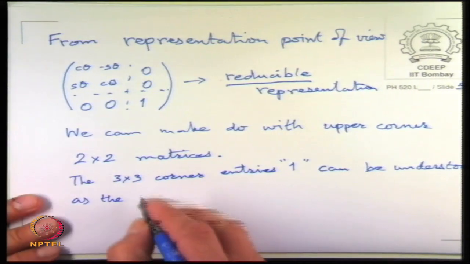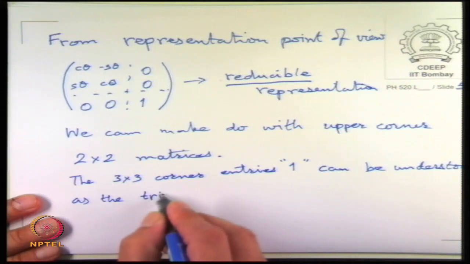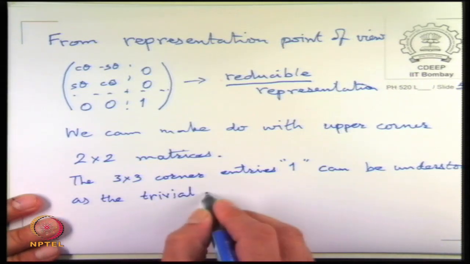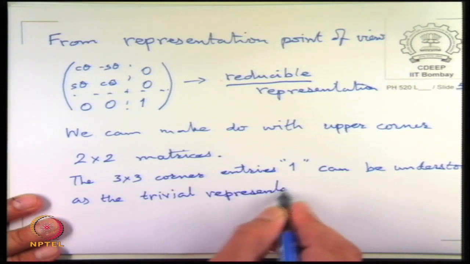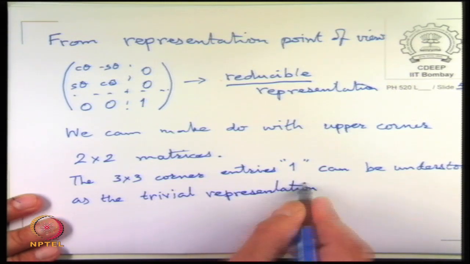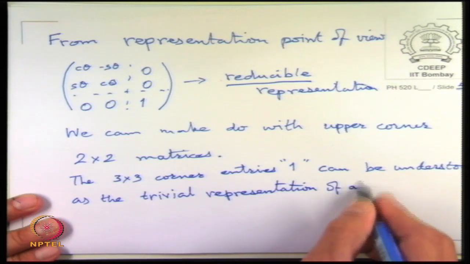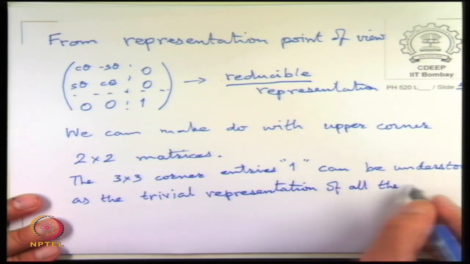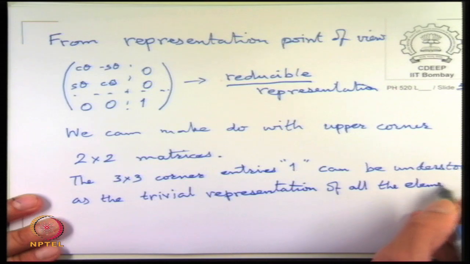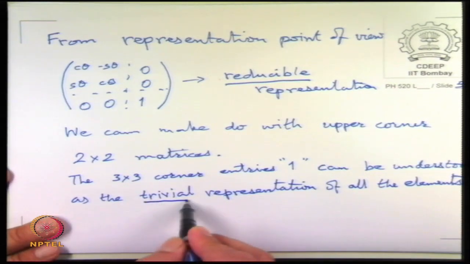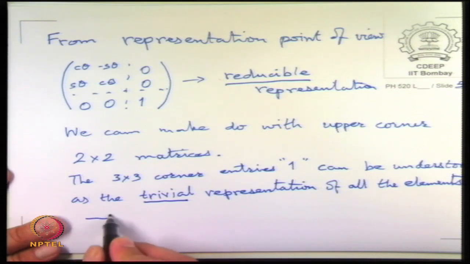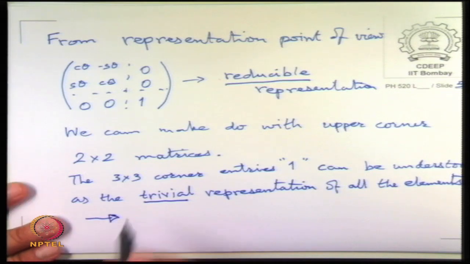So, it has the trivial representation for all the elements. This representation is reducible, is unfaithful.